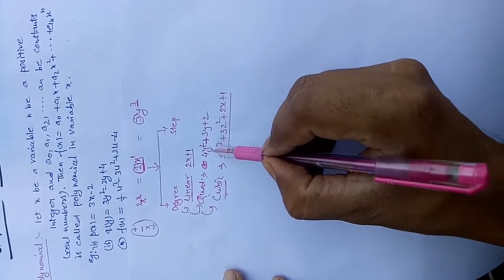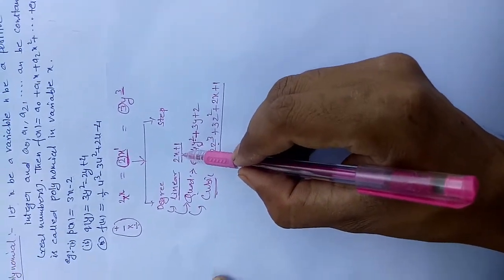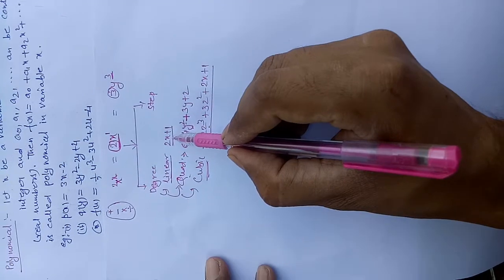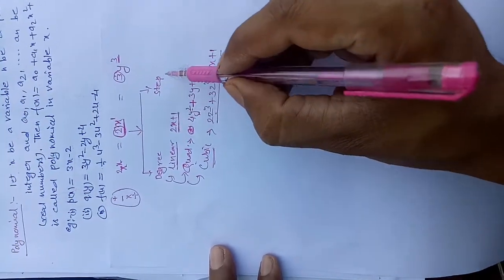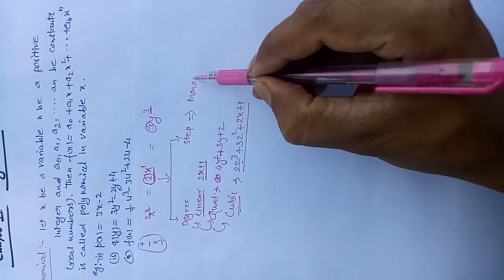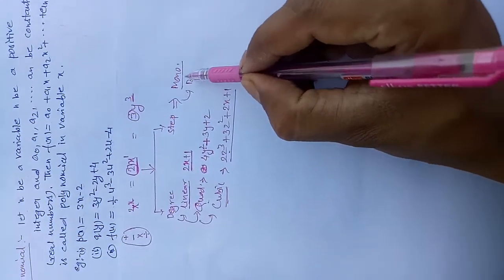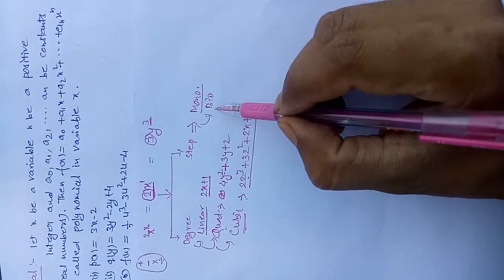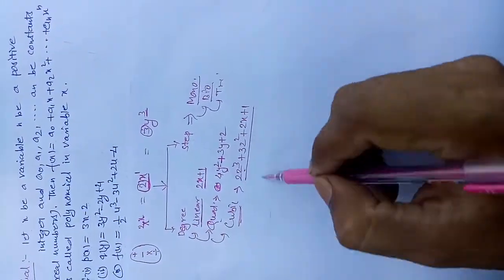This is a quadratic algebraic expression in terms of y variable, and this is a linear algebraic expression in terms of x variable. According to step we have monomial, means having one term, binomial having 2 terms, trinomial having 3 terms, etc.